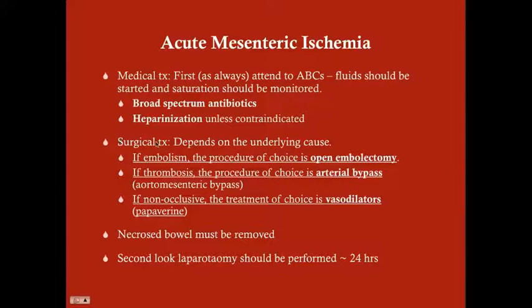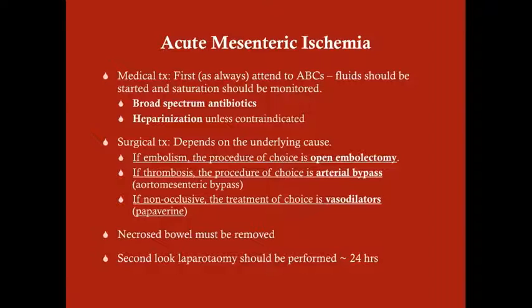The surgical therapy is going to depend on the underlying cause. And again, this harkens back just like with your extremity disease. So if it's an embolism, the procedure of choice is going to be an embolectomy. With acute mesenteric ischemia, it's going to usually be an open embolectomy.